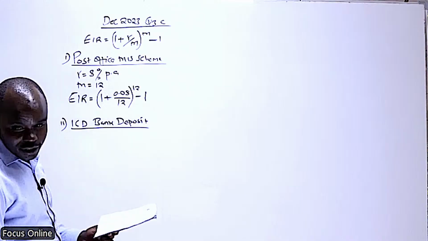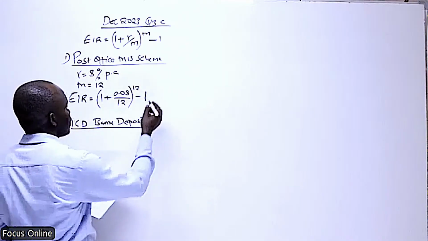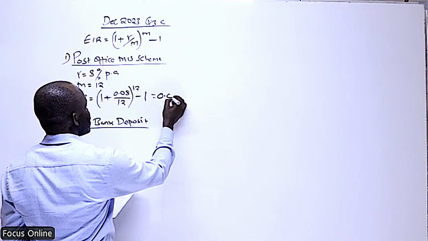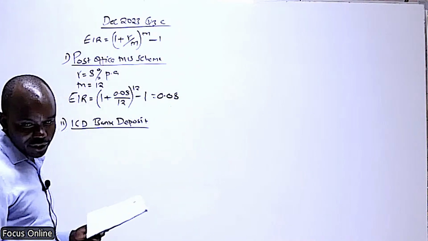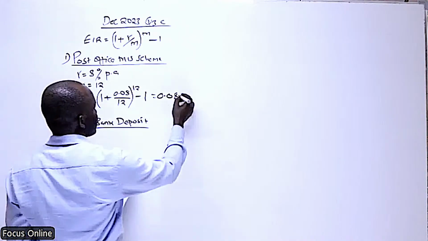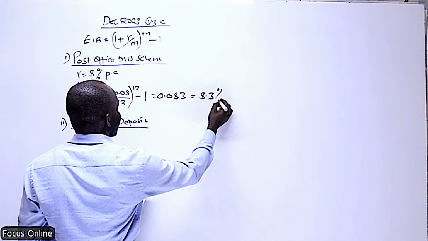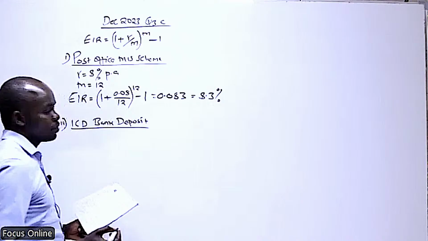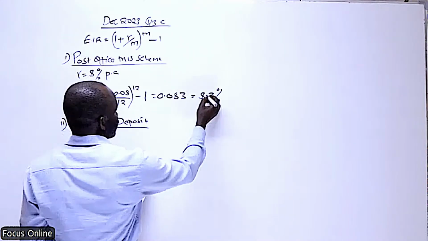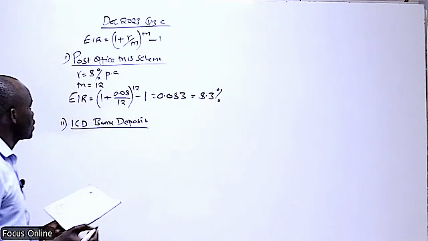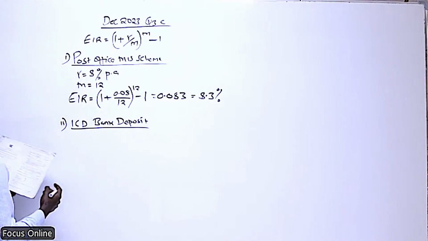So 0.08299, call it 0.083. So this is 8.3% for the post office MIS scheme.